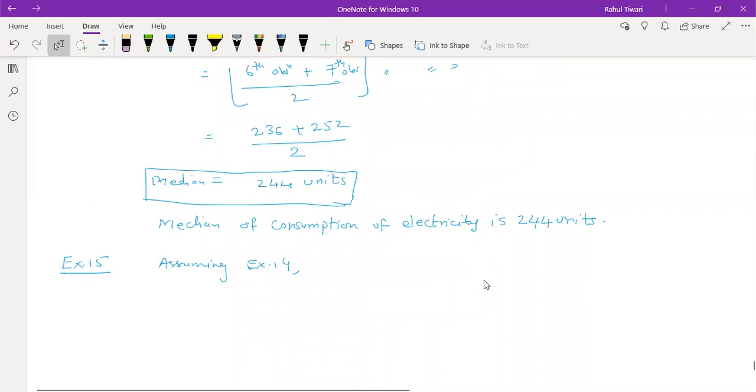Example number 14, omit 235 and find the median. Can you find it? Just find that fast. Find the median.